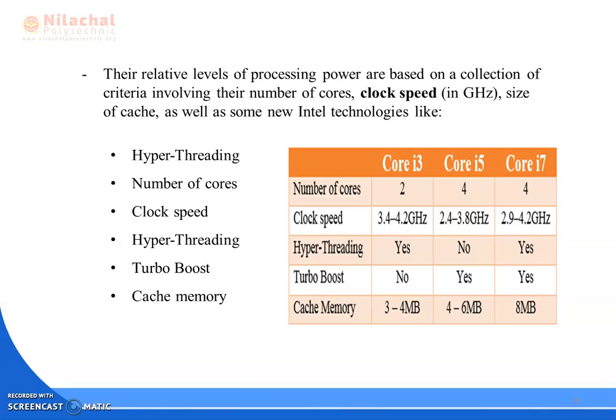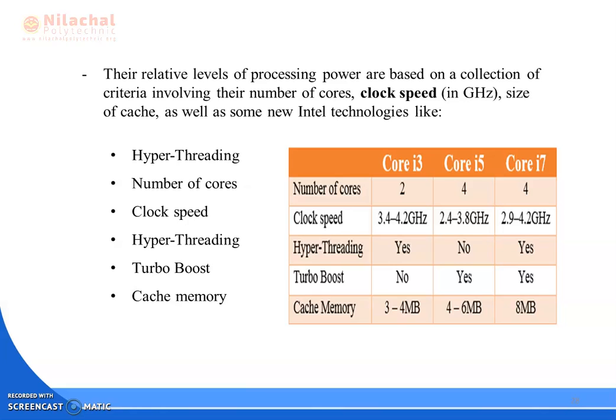The processing power is basically judged based on a collection of criteria involving the number of cores, the speed of the system, and the size of the cache memory. So there are some factors which affect the processing power, and thus we can differentiate the three generations we are discussing, that is Core i3, i5 and i7 respectively.